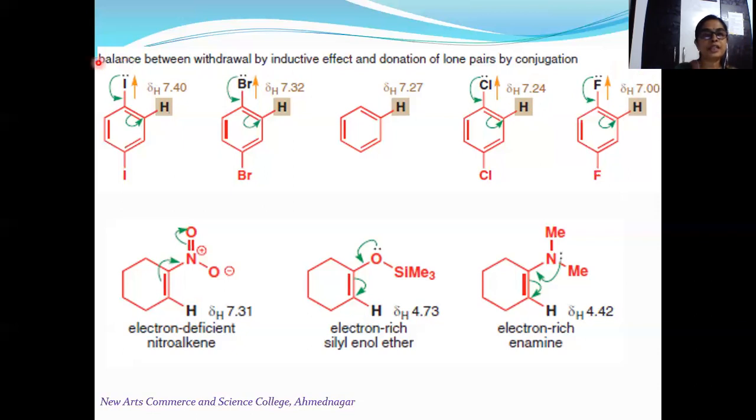So as size is increasing, the effect of resonance is decreasing, and that's why the inductive effect is dominating when the larger size halogen is present, and when the smaller size halogen is present, the resonance effect is dominating. Look at these examples. Now here an aliphatic system is there, but the substituents are different.